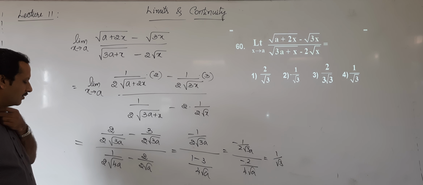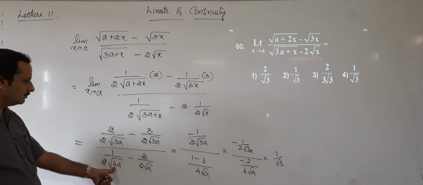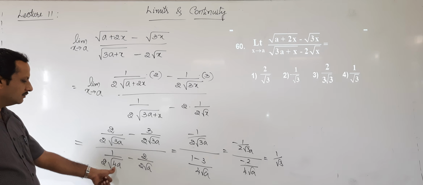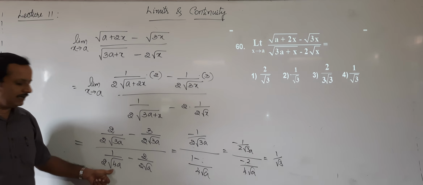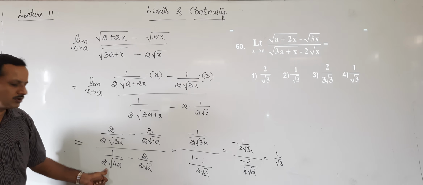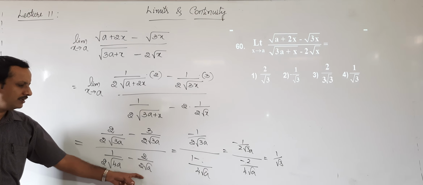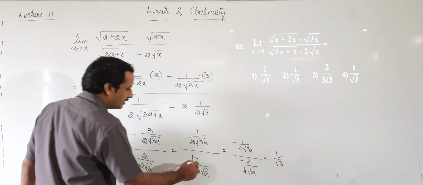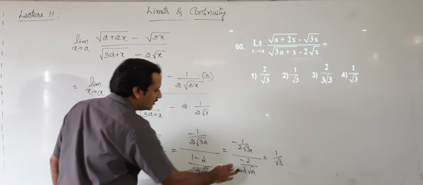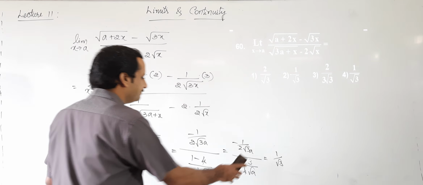So 4 by 2 root a. Here, I have written this as 2 into root a, so 4 root a, here 2 root a, 4 root a is the LCM. So 2 root a into 2, 4. So it should be 1 minus 4. So we get minus 3 by 4 root a.